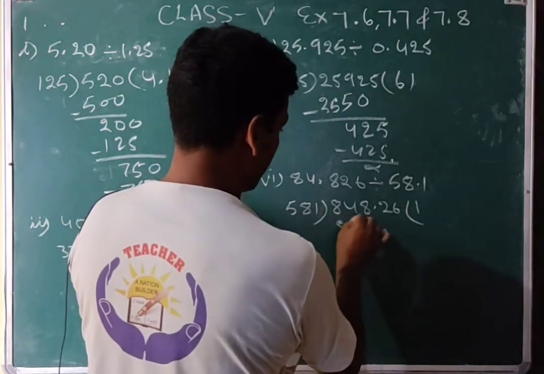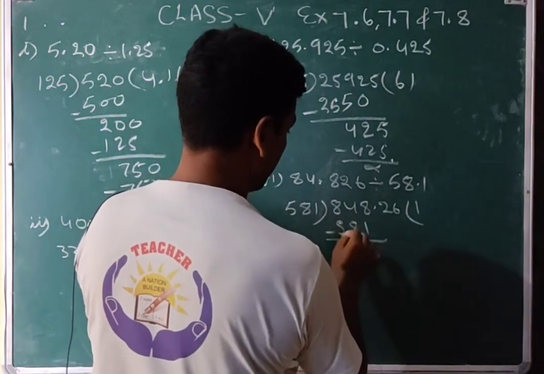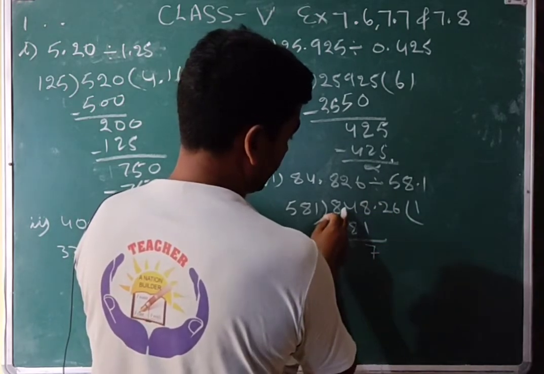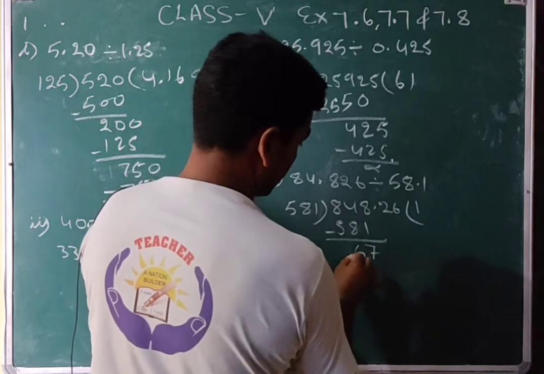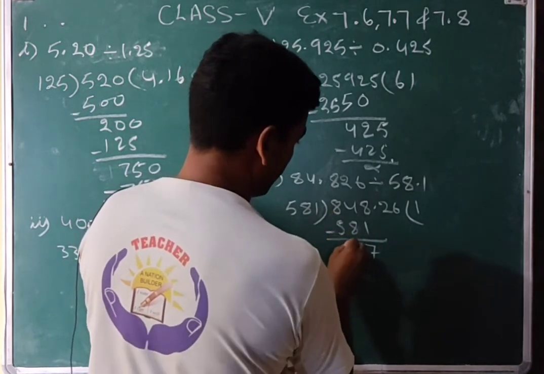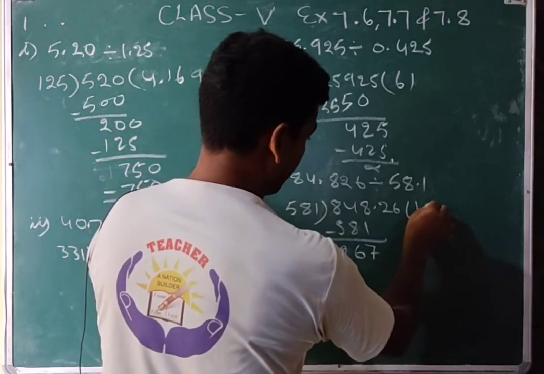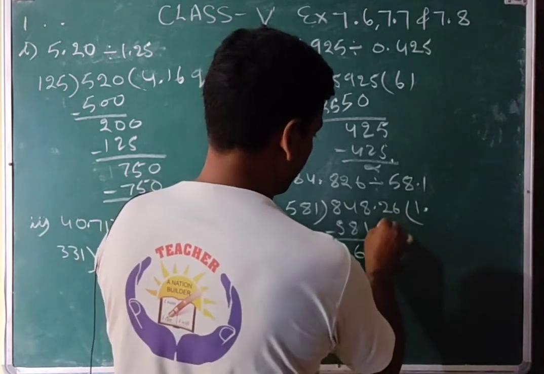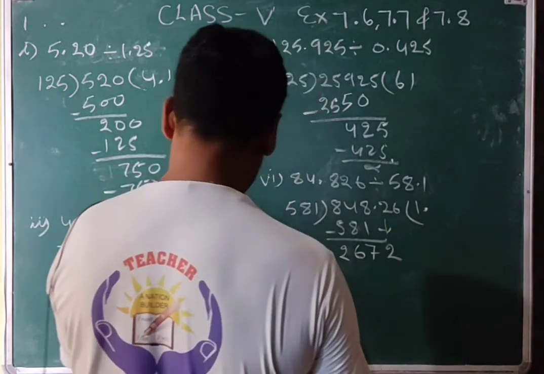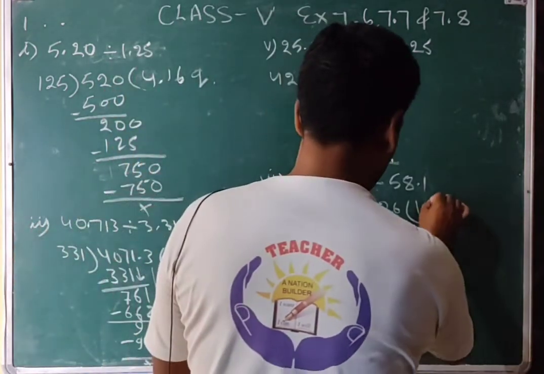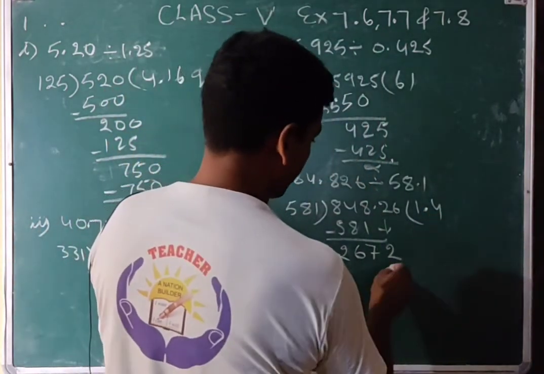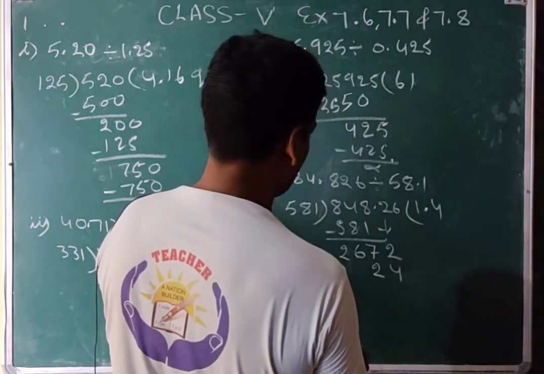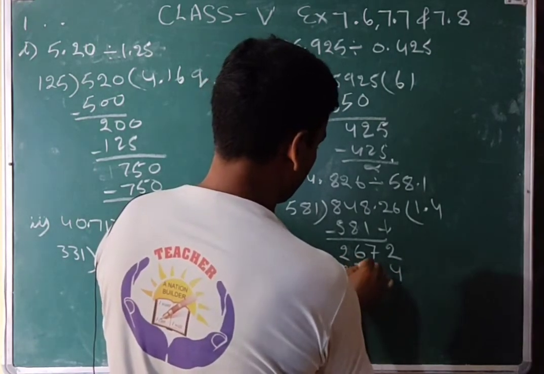So 581 and then 7, and then 14 less 8 is 6, 7 less 5 is 2, and then after the decimal 2 digits, 2. So that will go 4 times. So 4 1 ja 4, 4 8 ja 32, 4 5 ja 20 and 3 is 23.